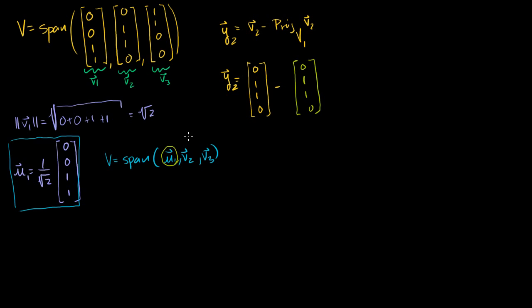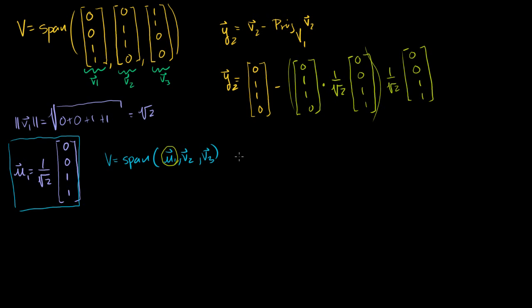And there's only one of them, so we're only going to have one term like this, with U1. So dotted with 1 over the square root of 2 times 0, 0, 1, 1. And then all of that times U1, so 1 over the square root of 2 times the vector 0, 0, 1, 1.